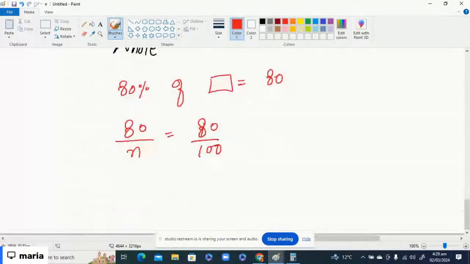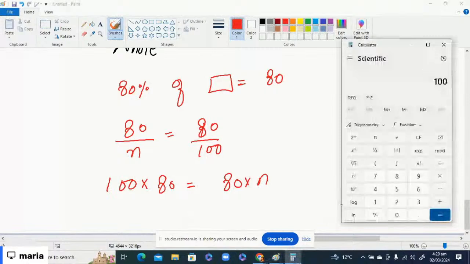Just cross multiply and then tell me what you got the answer. So simply when we're going to cross multiply, this becomes 100 times 80, which is equals to 80 times n. So what is the answer of 100 times 80?